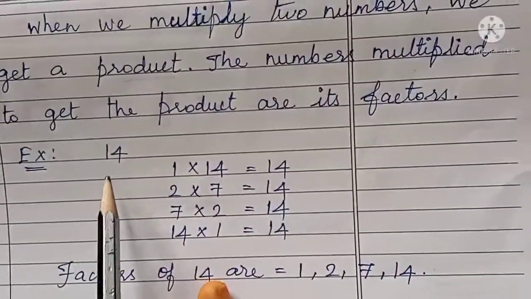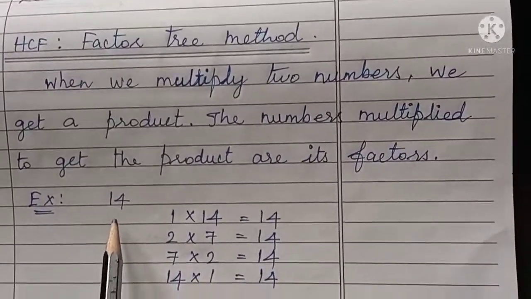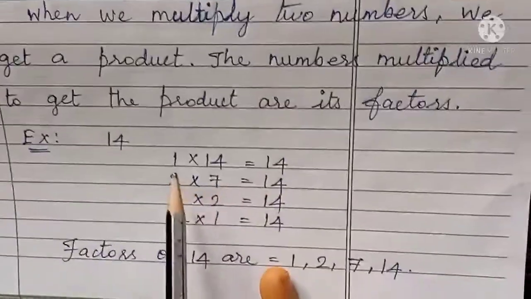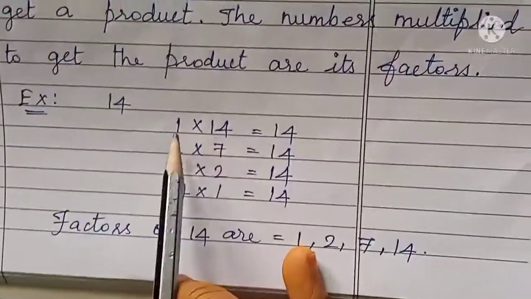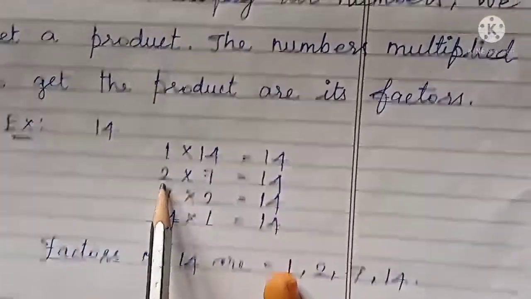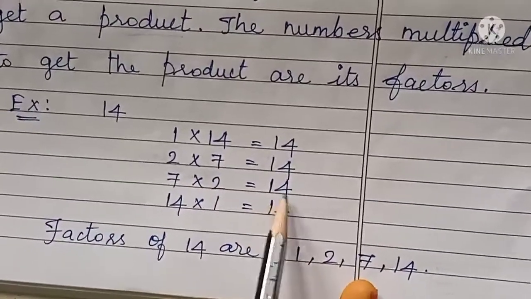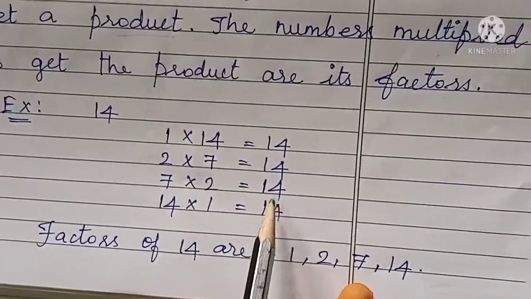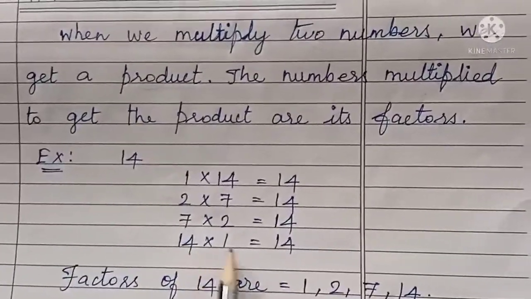Here I am going to show you 14. How are we going to find the factors of 14? Number 14 will come in the 1 table, 14 times. 1 14s are 14. Again 14 will come in the 2 table, 7 times. 2 7s are 14. Again 14 will come in the 7 table, 2 times. 7 2s are 14. 14 will come in the 14 table, 1 time. 14 1s are 14.